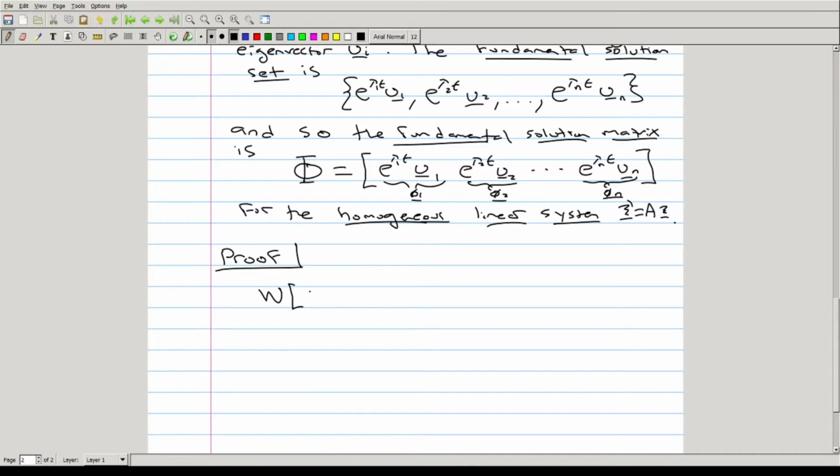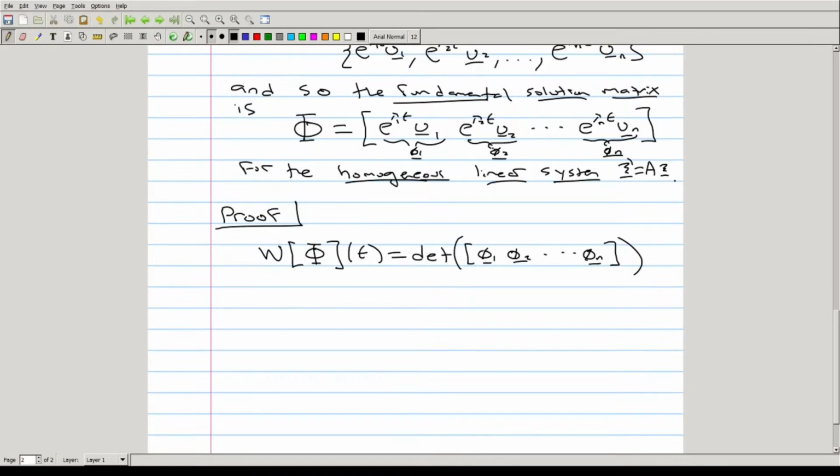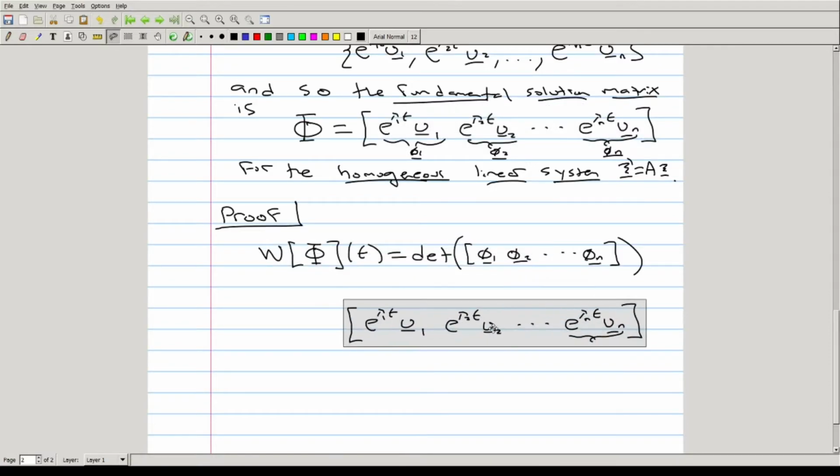So the Wronskian of this fundamental solutions matrix as a function of t will be the determinant of this matrix formed by phi1 to phi n, which is the determinant of this matrix.